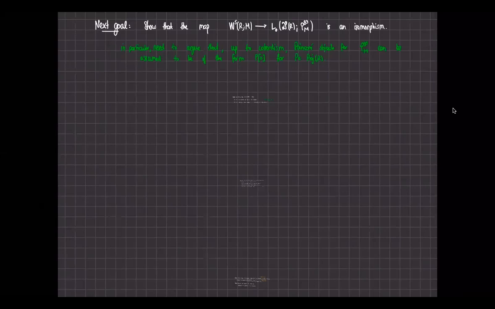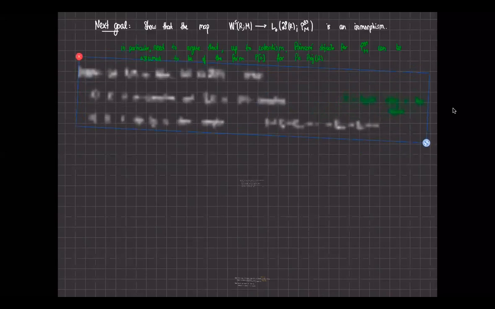In particular, we need to argue that up to cobordism, Poincare objects for this Poincare structure can be assumed to be of the form exactly a projective module sitting in degree 0, viewed as a perfect chain complex. So this is the kind of argument that we want to do now in the following.